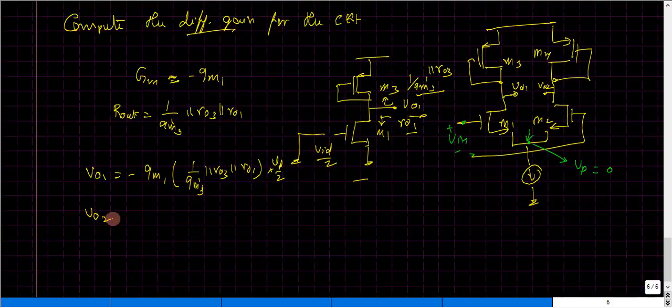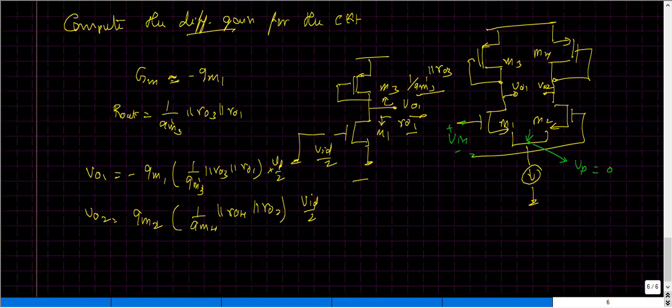So without any further analysis, I can write directly that this is going to be plus gm2 and then 1 upon gm4 parallel with ro4 parallel with ro2, into VID by 2.